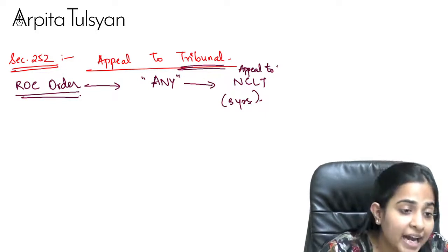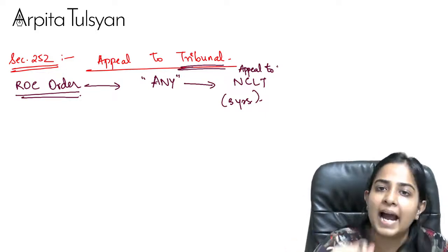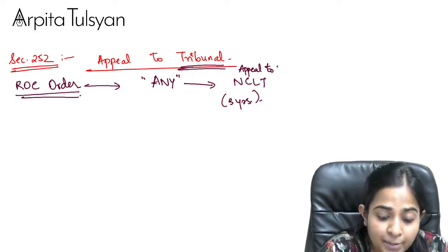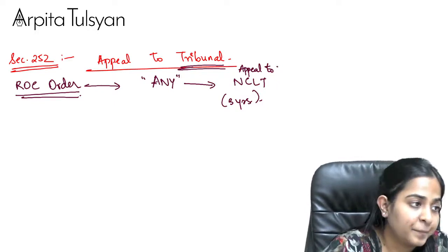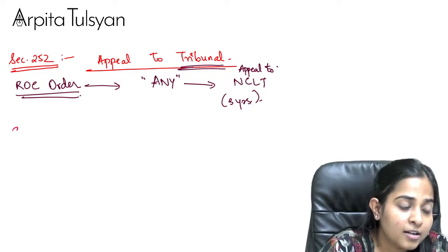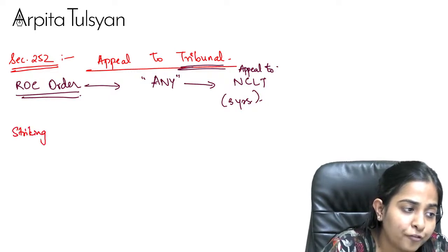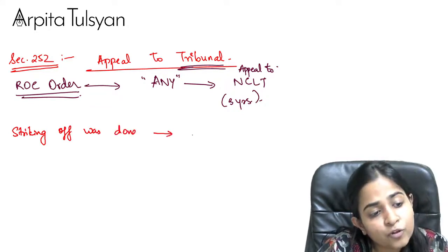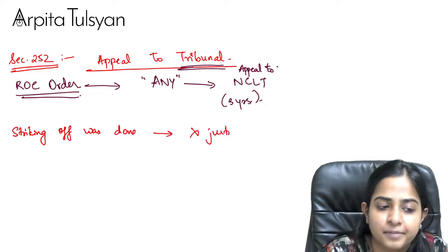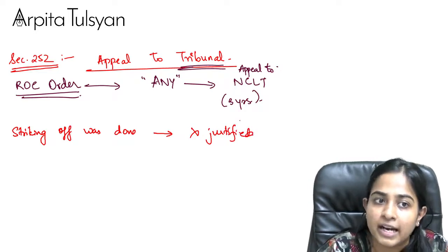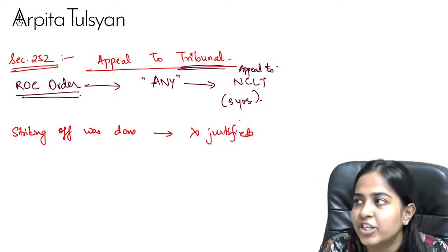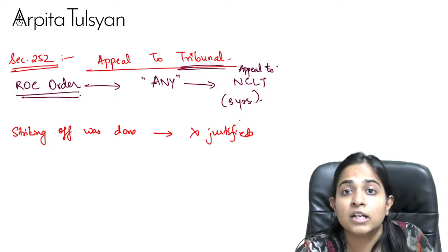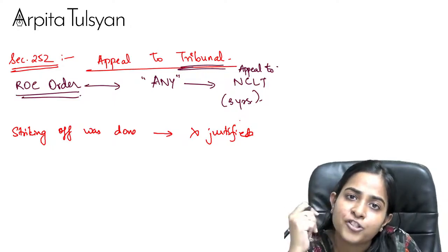Now the matter has come in the hands of the tribunal. Tribunal will see the case, and if tribunal is of the opinion that striking off was done, but it was not justified. Not justified means those circumstances were not at all there for striking off the name.